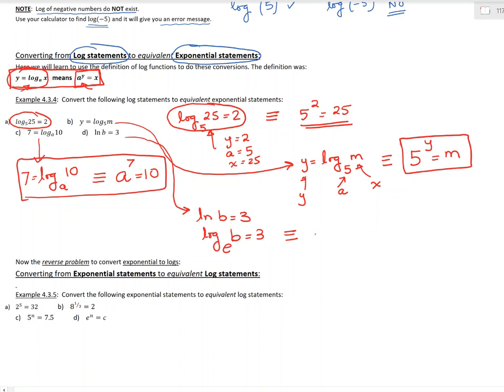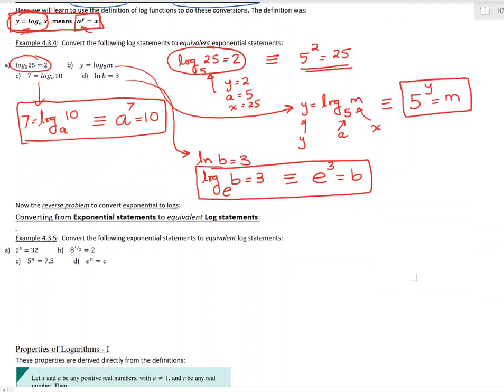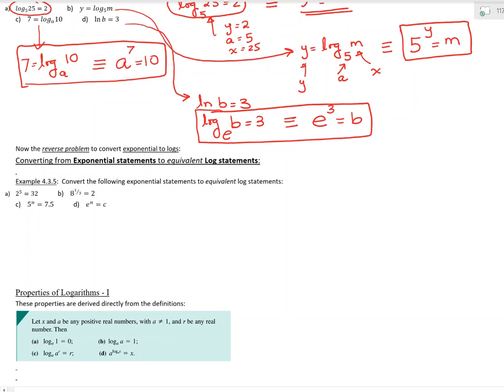So a is e, y is 3, and that should be equal to x, and x is b. So this is the equivalent statement. So you have to practice writing log statements into equivalent exponential statements in your homework, in MyMathLab, as well as other practice sheets.